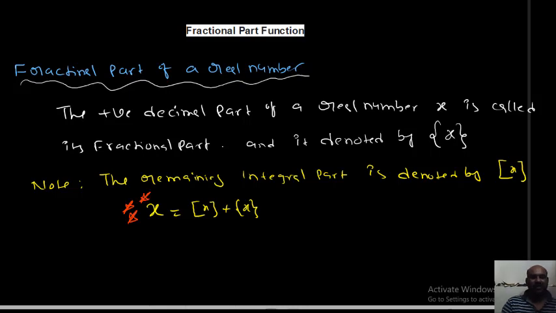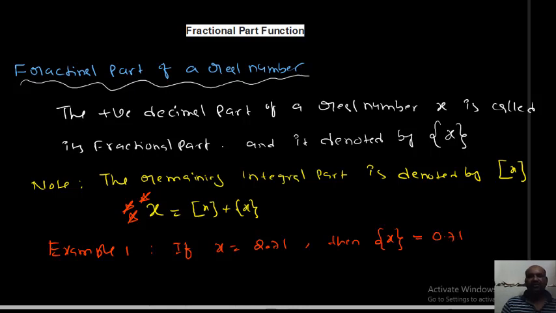Okay, through example I can write. Example 1. If x equal to 2.71, then first of all you write the fractional part, then you write the integral part. The fractional part is 0.71, which is less than 1 and positive.